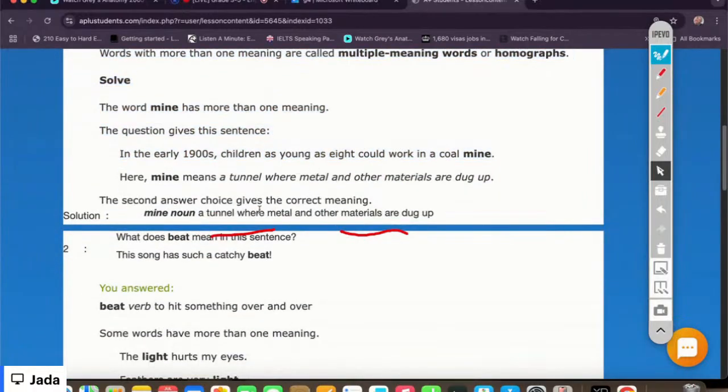So it's like a tunnel where metals and other minerals are dug up. But we know that we have another mine, as a pronoun, which is totally different from this one. So you can see that mine here could show possession, like saying, "Oh, this is mine; it's for me." And then it also means a tunnel where people go to dig up minerals or precious stones.